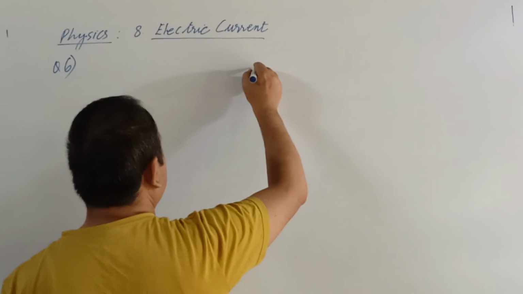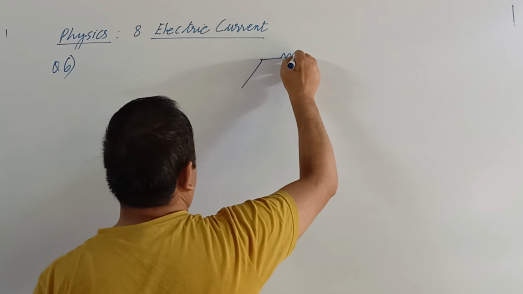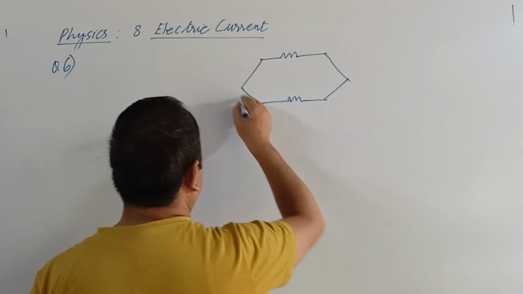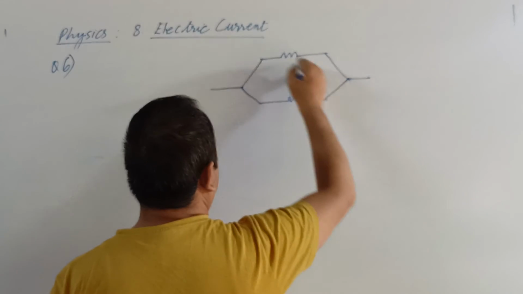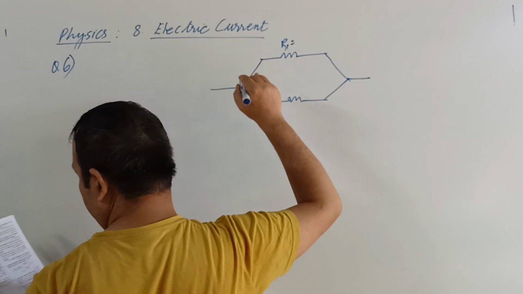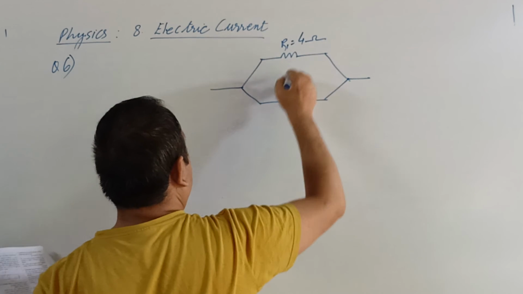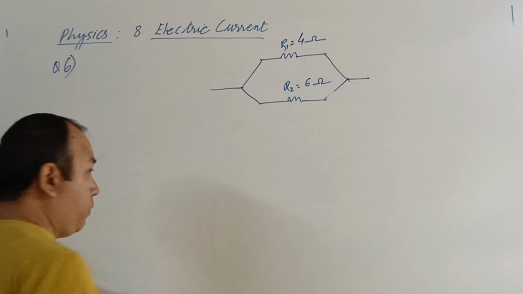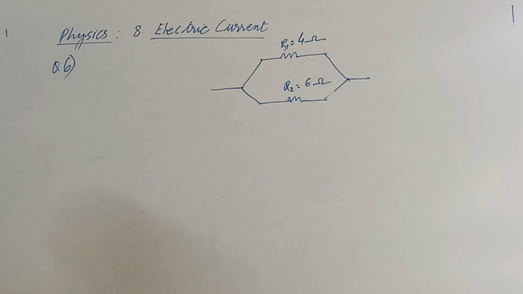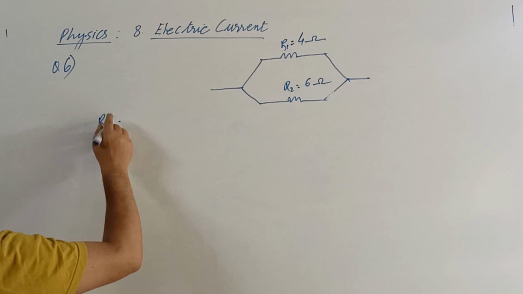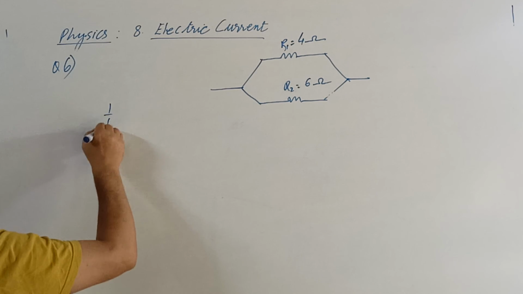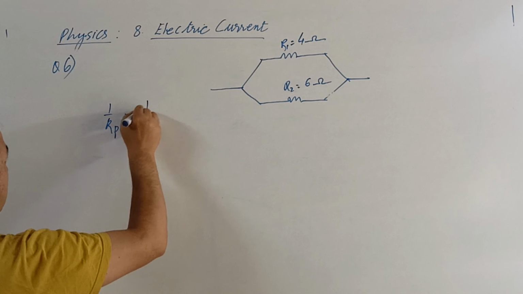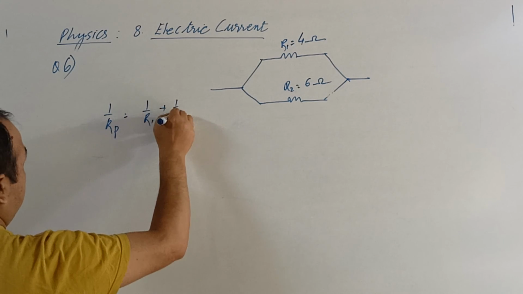So two resistances are connected in parallel. R1, the first resistance, is 4 ohm, and the second resistance is 6 ohm. We need to find the equivalent resistance. The reciprocal of the equivalent resistance in parallel is equal to the sum of the reciprocals of each of the resistances.